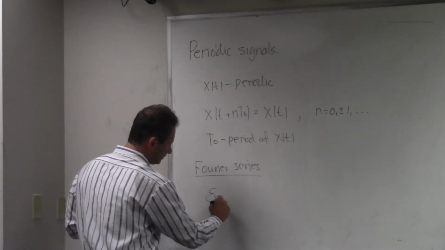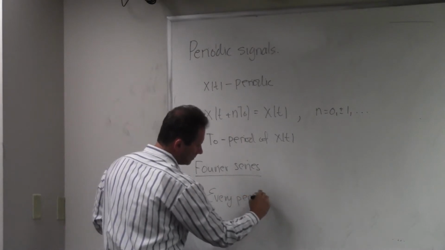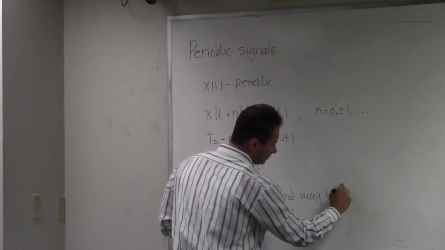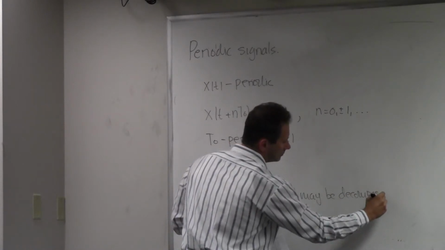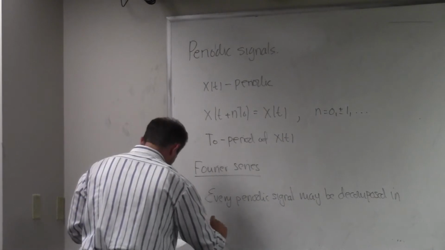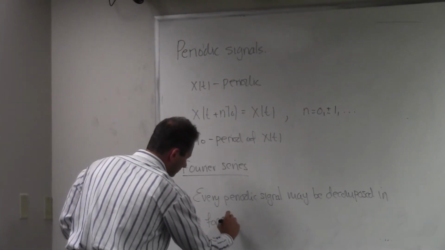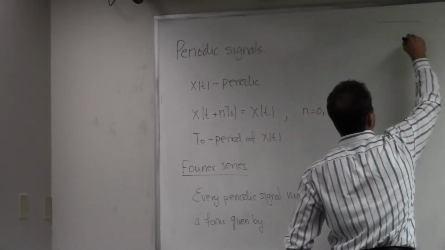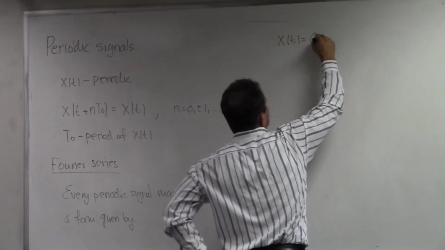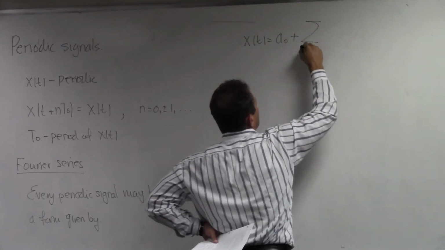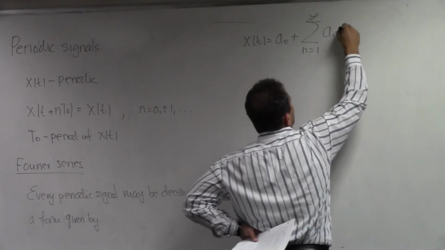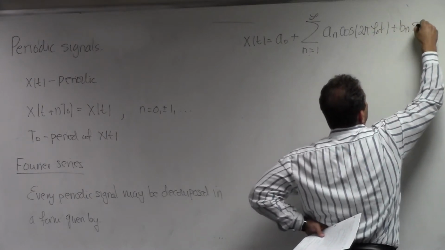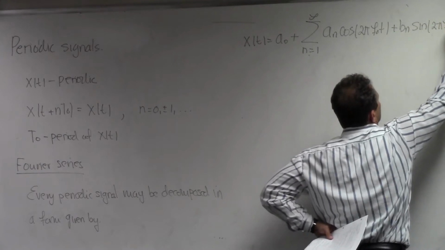So every periodic signal may be decomposed in a form given by, and here's the form: x of t is equal to a0 plus the sum, when n goes from 1 to plus infinity, of an cosine 2 pi f0 t plus bn sine of 2 pi f0 t.